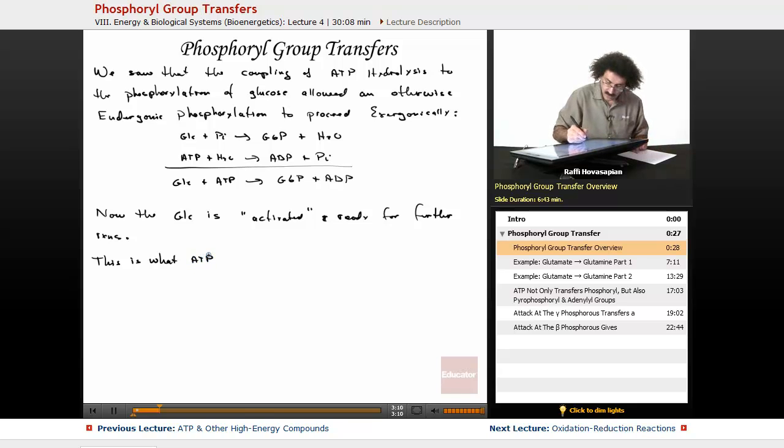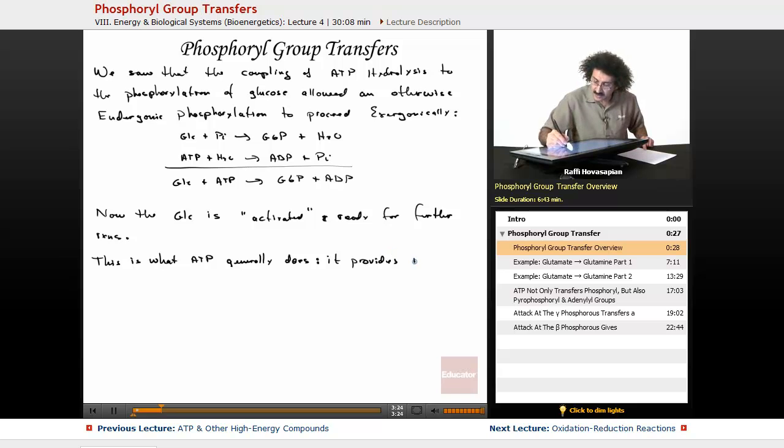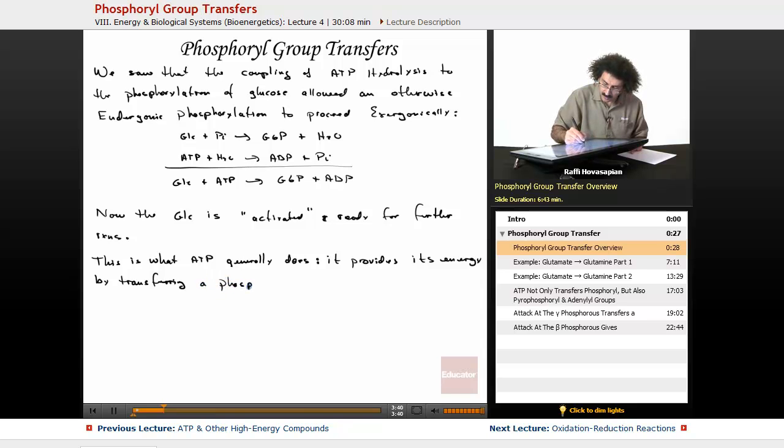Namely, it provides its energy, that negative 30.5 that it has, by transferring a phosphoryl group, a pyrophosphoryl, or an adenylyl group.